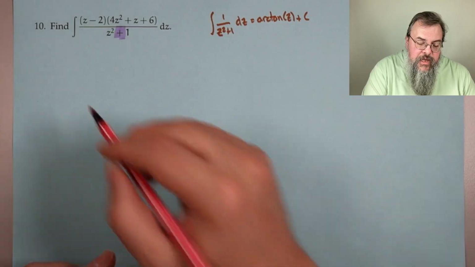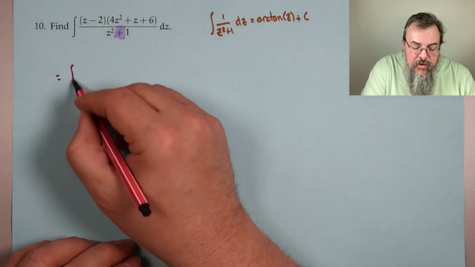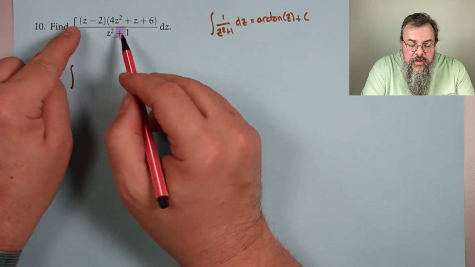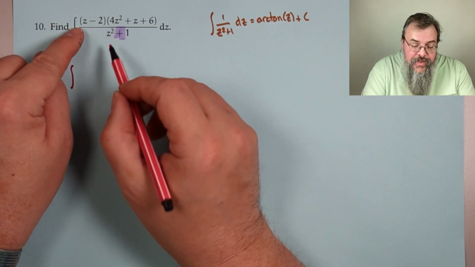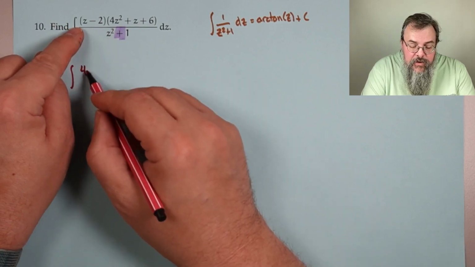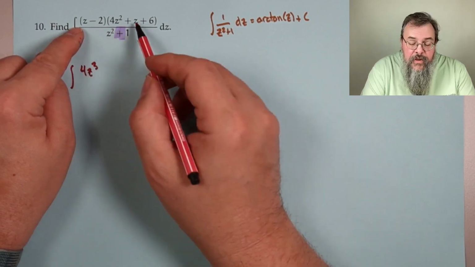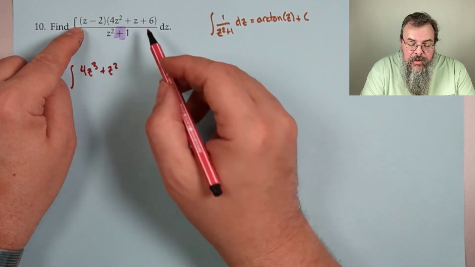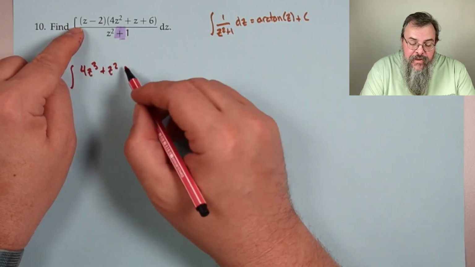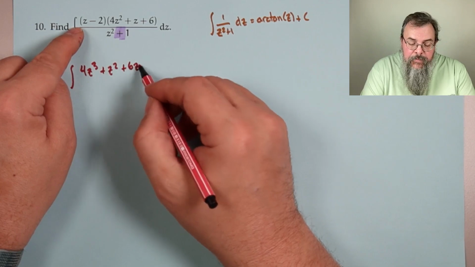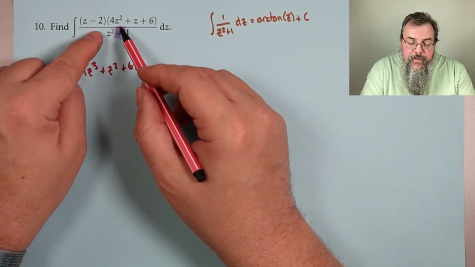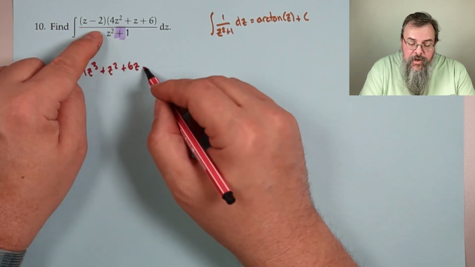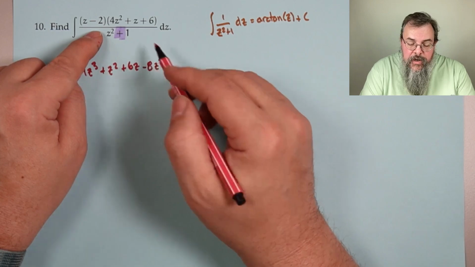This is going to be equal to the integral. So we'll start here. z times 4z squared, 4z cubed. z times z, z squared. 6 times z, 6z. Minus 2 times 4z squared, minus 8z squared.